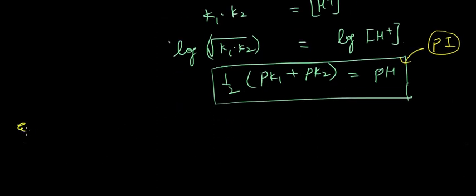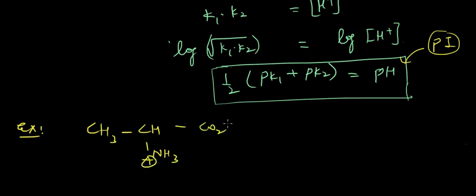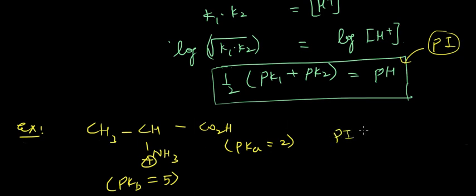Let's have some examples here. Suppose we have this NH3 plus here, and we have CO2H here. The pKa of this CO2H is 2, and the pKb of this compound, this NH3 plus, is 5. So what would be the Pi? It would be half of pK1 plus pK2.